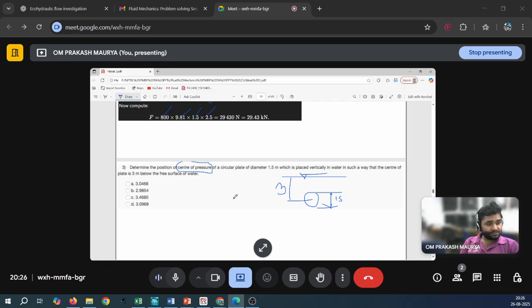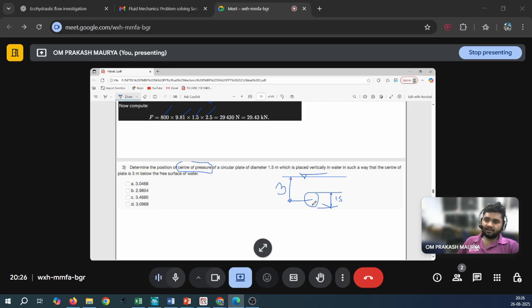And also you need to understand the definition of center of pressure, not only the formula. Not only focus on the formulas, you have to understand the concept also. The center of plate is 3 meter below the free surface of the water, the question is like that.